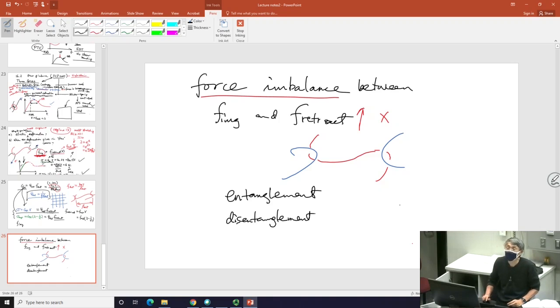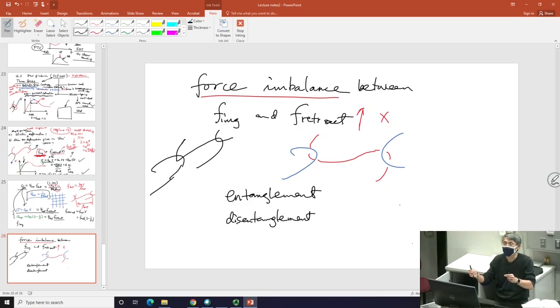And what is entanglement? Entanglement is not like you take a picture and find your chains are like this, suffering an uncrossability constraint. Rather, this constraint fixes you in position. That's entanglement. In other words, entanglement is a dynamic concept. It's not a static picture.